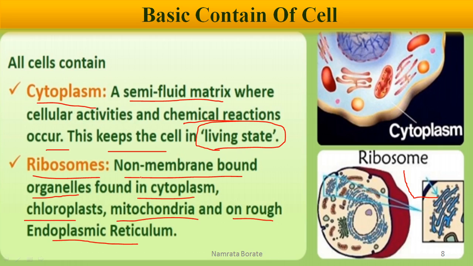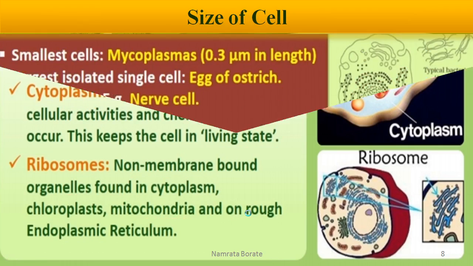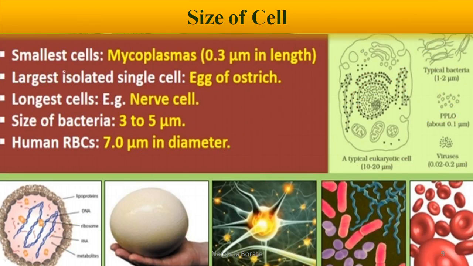So these ribosomes are non-membrane bound organelles. Means it is found in all these organelles. It is present in the cytoplasm, in chloroplast, mitochondria and on the surface of the rough endoplasmic reticulum.